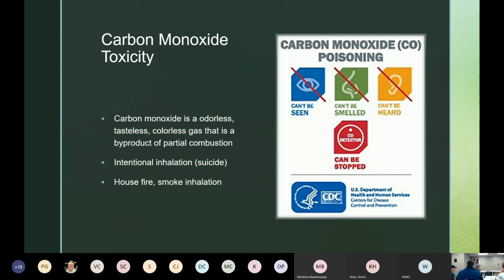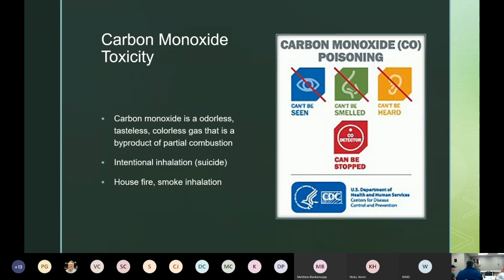The presentation can be subtle sometimes. It could be just headache, confusion, altered mental status. And also remember your oxygen saturation probe, unless you have the dual oxygenation probes now that can detect carboxyhemoglobin, is going to show 100%, because it's going to be reading it as the same.